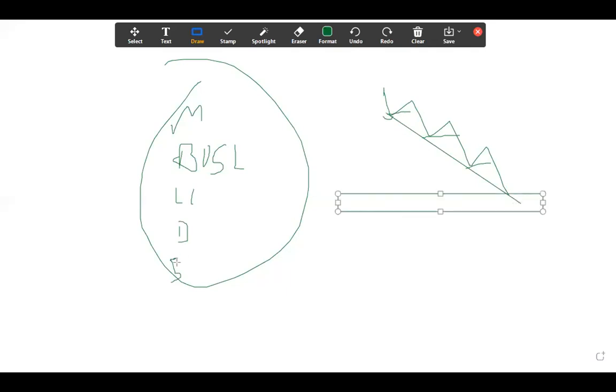Then the fifth one, which is your confirmation, is to look for a reversal candlestick. The reversal candlestick could be a bearish candle at this level. Once you see a bearish candle, a reversal candlestick, you can decide to go with buyers.